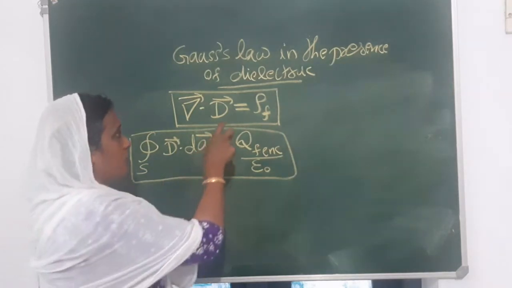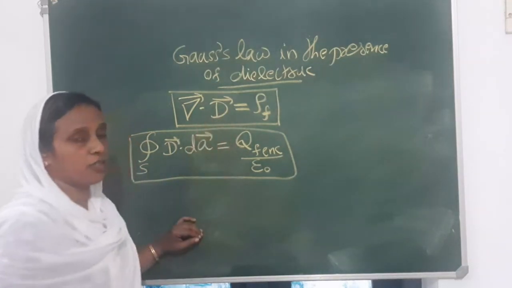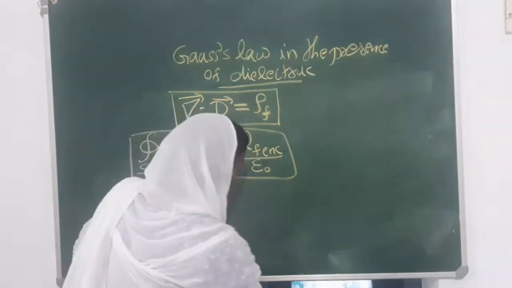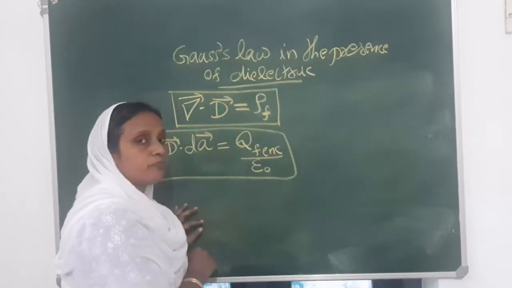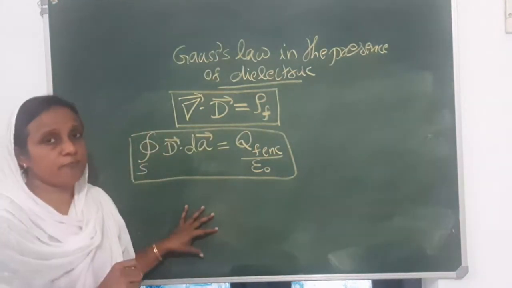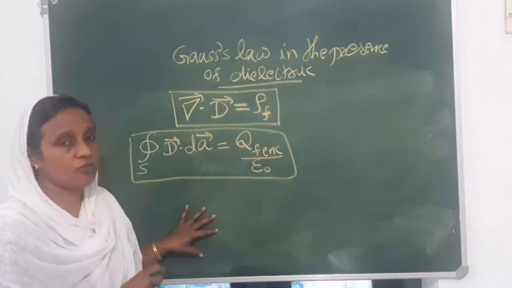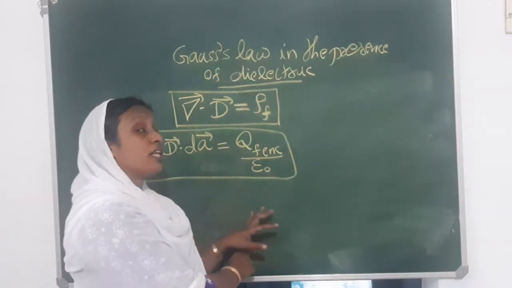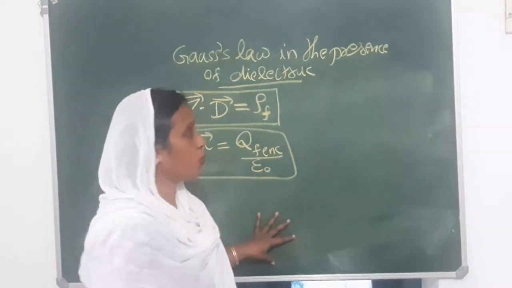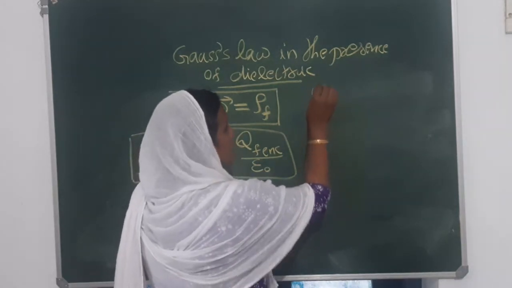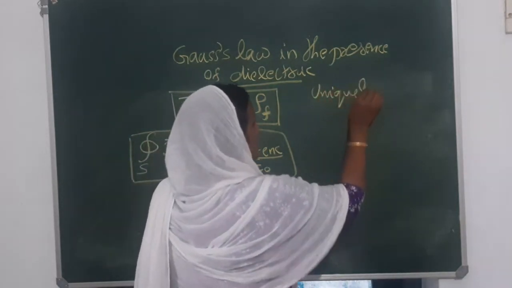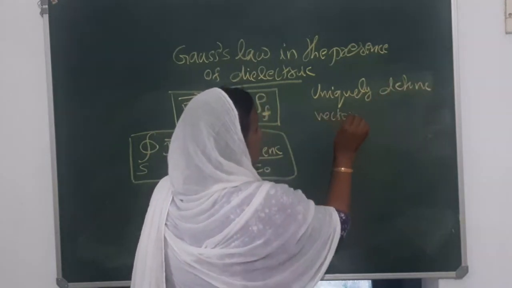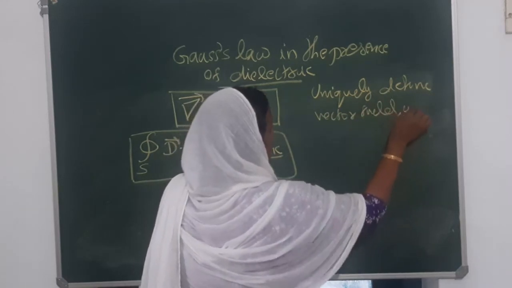So at first look we feel that the electric displacement vector just replaces the electric field, but it is not true, because in order to specify a vector field we need two parameters. What are they? In order to uniquely define a vector field, by the Helmholtz theorem, you need divergence and curl.